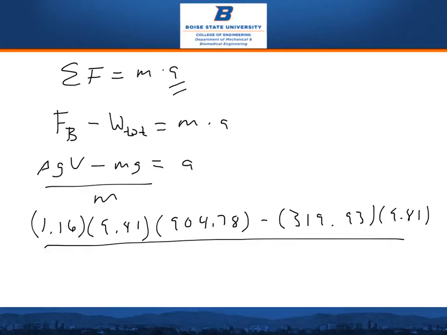This is all divided by 319.93, which equals our initial acceleration of the balloon to be 22.37 meters per second squared.